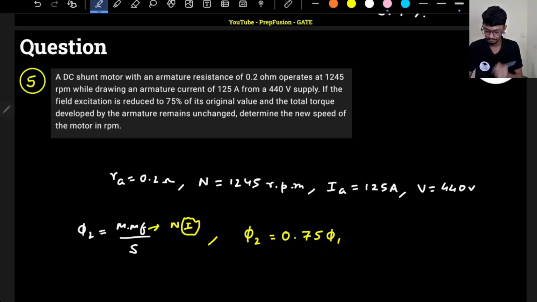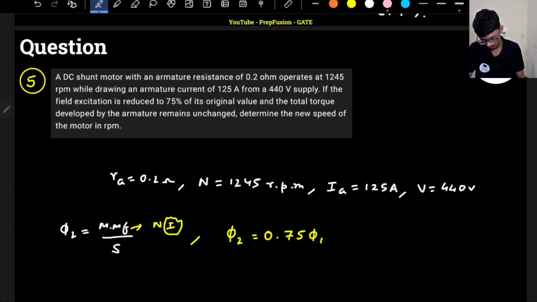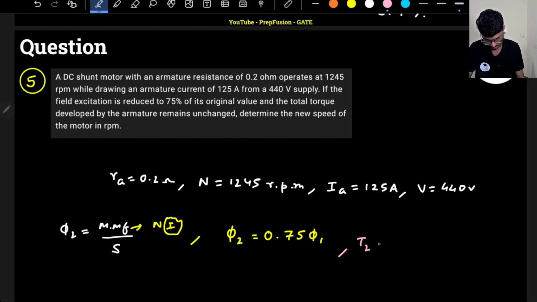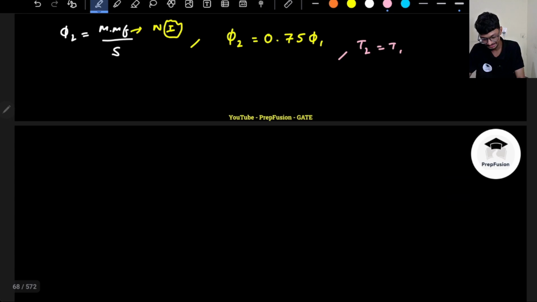Now, the total torque developed by the armature remains unchanged, so T2 is equal to T1. Determine the new speed of the motor in RPM. Very simple, because we have already discussed that torque is proportional to the flux and the armature current.